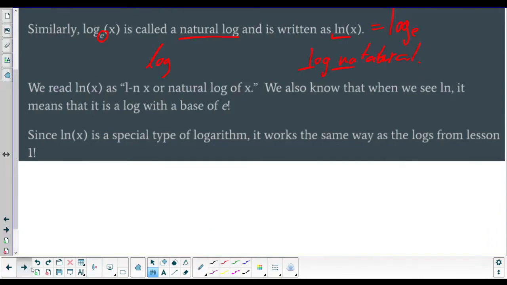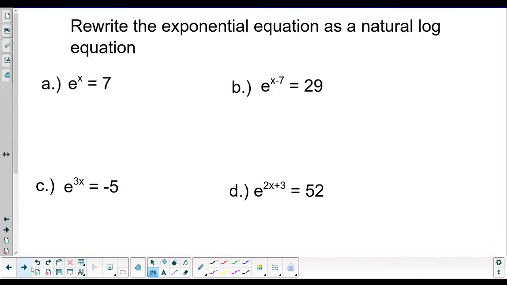Okay. So let's practice rewriting some logs the same way we did in the last lesson, and then we'll practice using our calculators a little bit. Remembering really quick, if we have a base b to some exponent equals y, we can rewrite this as log base b of y equals the exponent.